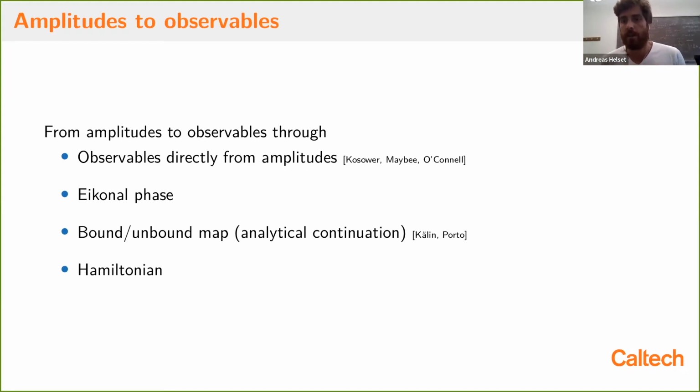For example, the scattering angle is related to the perihelion advance from the unbound to the bound case. That's one example. And then lastly, as we were seeing, the Hamiltonian can be used as an intermediary for these different scenarios.